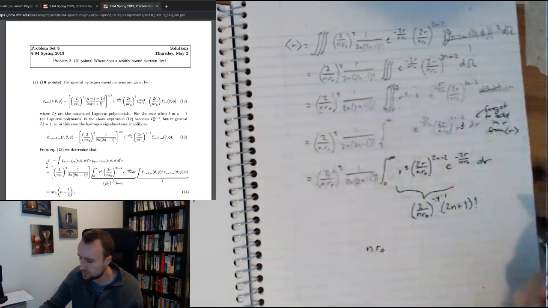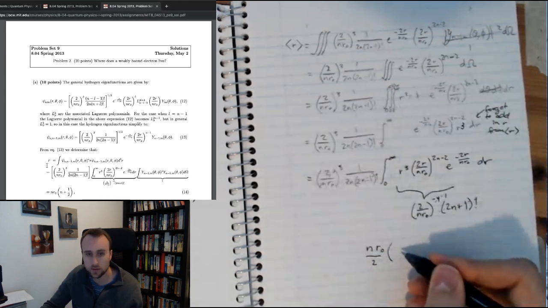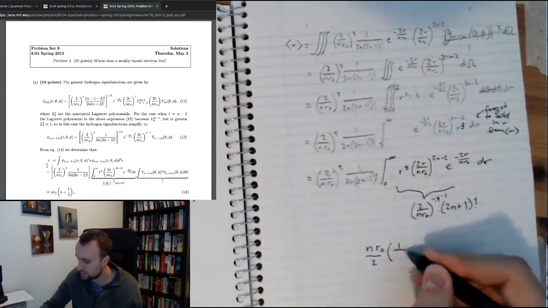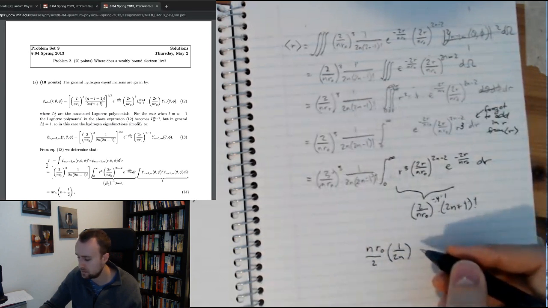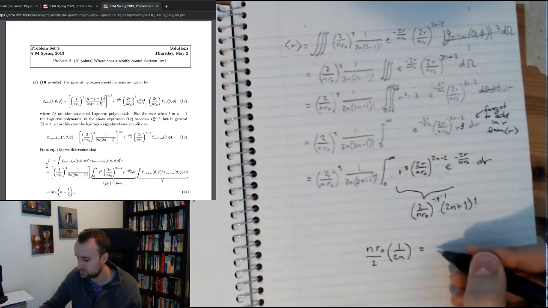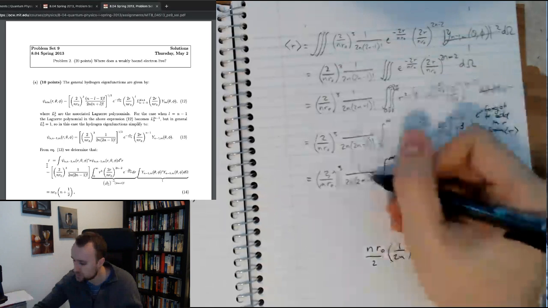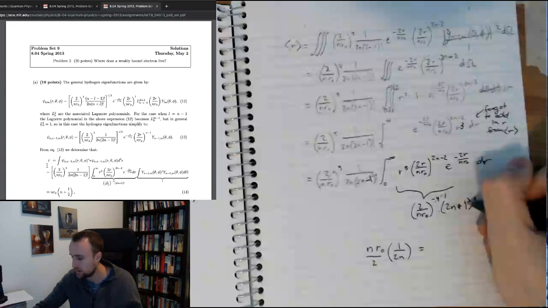We have n r naught 2 times 1 over 2n plus 1 minus 1, 2n plus 1 factorial.